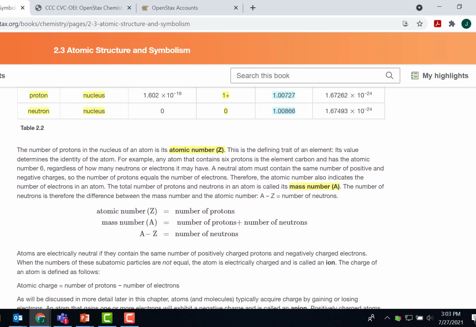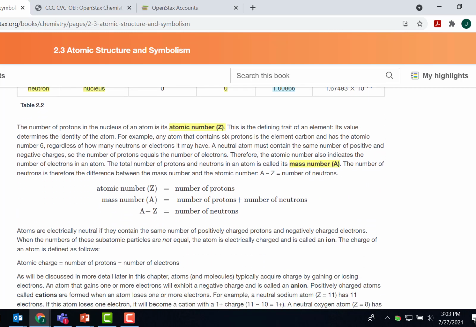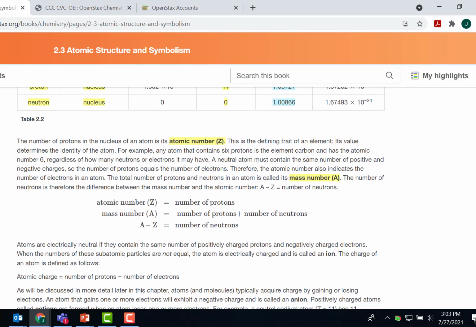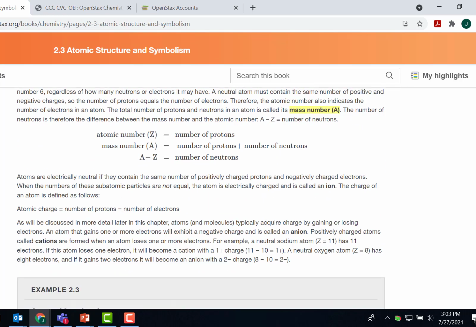For the charge of the atom, because you have a +1 charge for the proton and -1 for the electron, the charge is related to the relative amount of each of those that you have. So the atomic charge is equal to the number of protons minus the number of electrons.